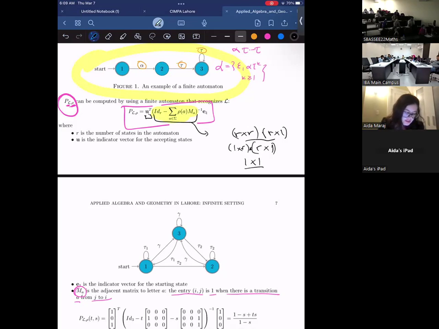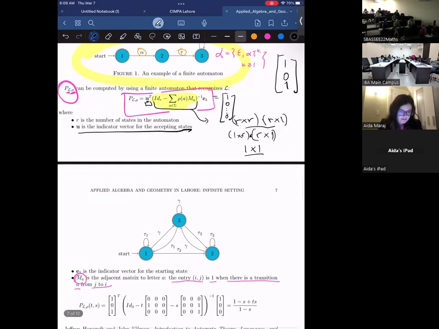This vector U is the indicator vector for the accepting states. For instance, in this case it's going to be 1, 0, 1, because 1 and 3 are accepting states and 2 is not. And E1 is just the indicator for the starting state, so it's always this E1. And now this becomes very much linear algebra.